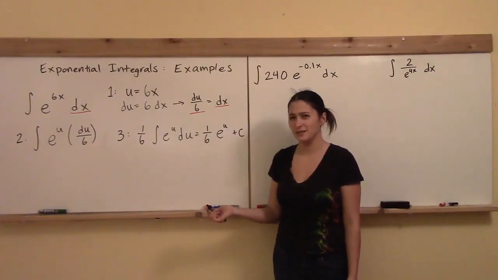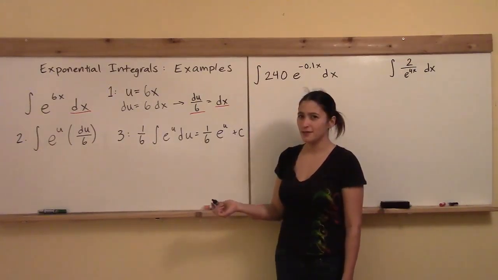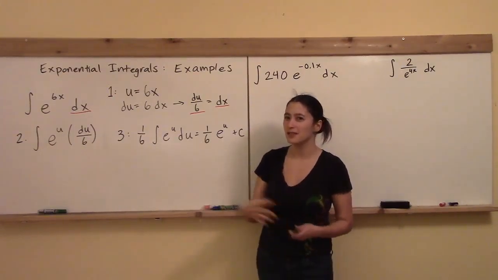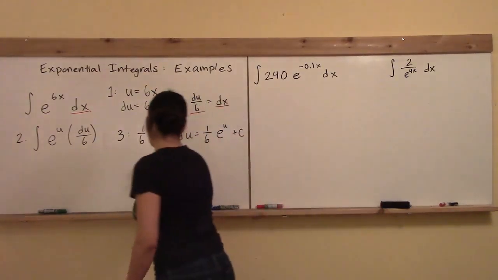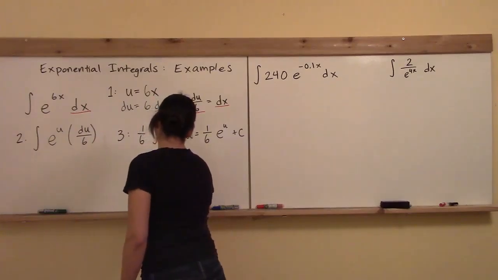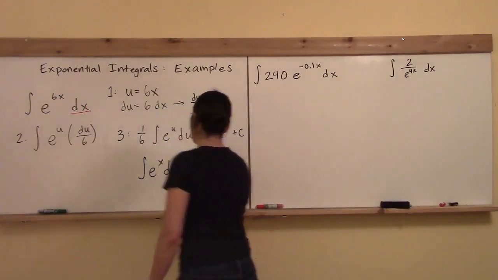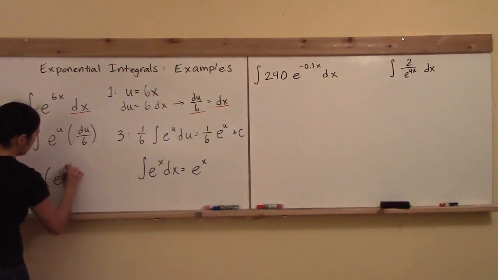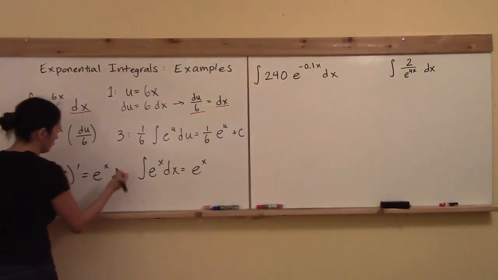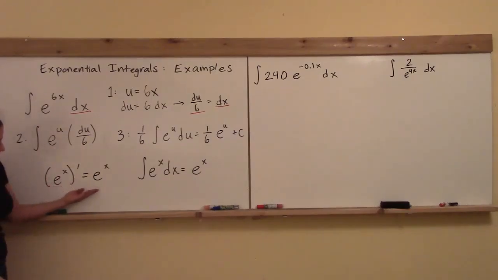Did I forget to take the integral? No, I didn't forget, although it may look like I did. The fact of the matter is the integral of e to the x dx is e to the x, and that is because the derivative of e to the x is e to the x.